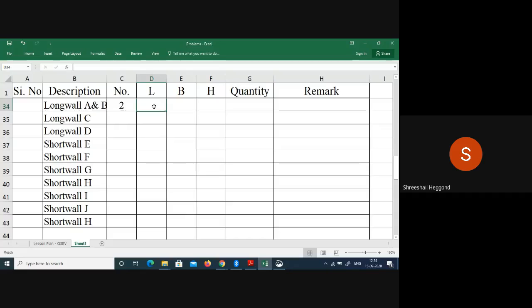Length will be how much? Center line length for excavation. Center line length of long wall is 11.9 plus both the side. Extra length you have to add for the excavation. That is 2 into 0.9 divided by 2. Excavation length is of 0.9.